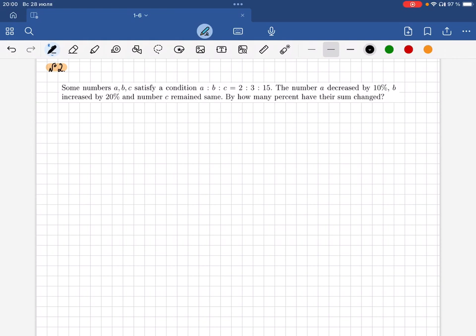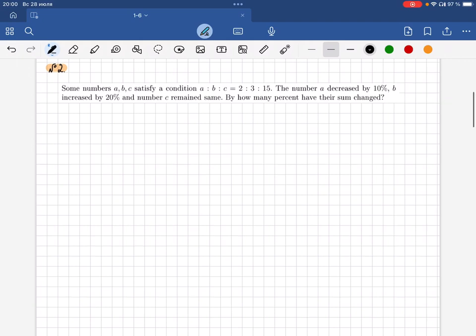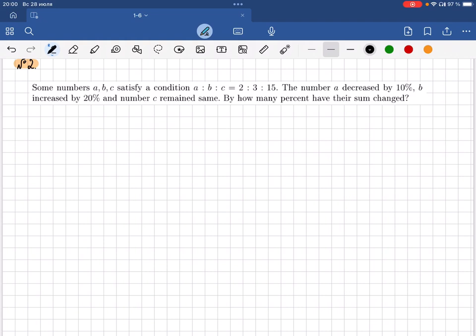First of all, let's try to understand what we are supposed to find in this problem. In the beginning of this problem, we have sum S0. S0 is the initial sum, just A plus B plus C without any changes. And this initial sum corresponds to 100%.